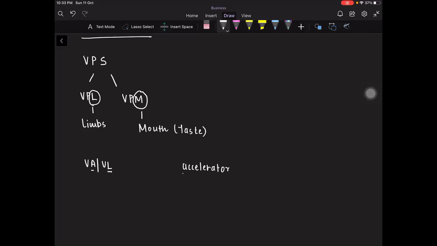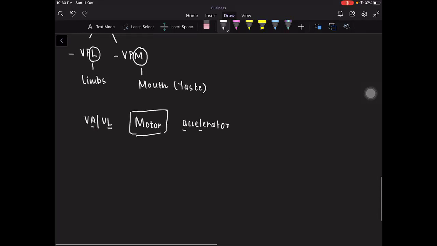Where do you find an accelerator? In a motor. So these are very silly, but I know, you need some mnemonics to remember all these things. So the VPL, VPM, or the VP is essentially your sensory nuclei, and VA and VL are your motor nuclei. All right.